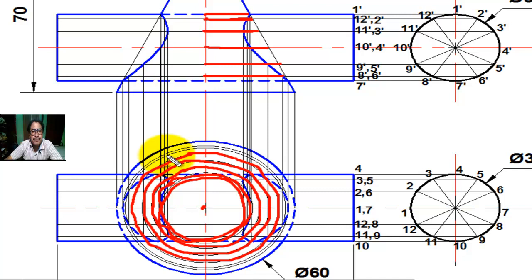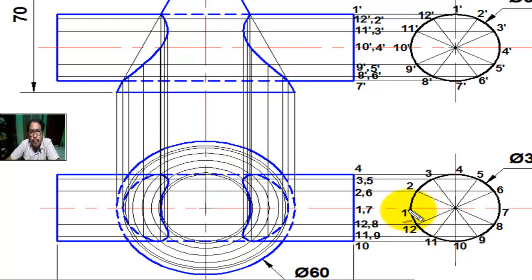With this radius we draw a circle in top view. This is 7 dash. With this radius we draw a circle on top view.